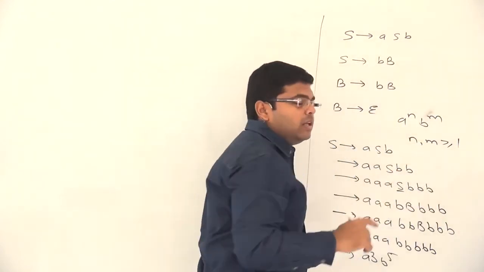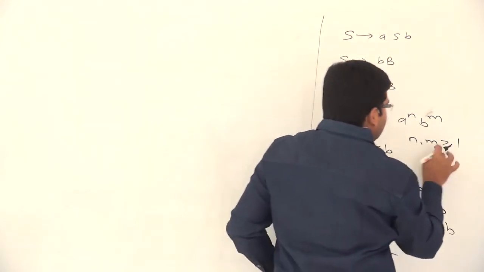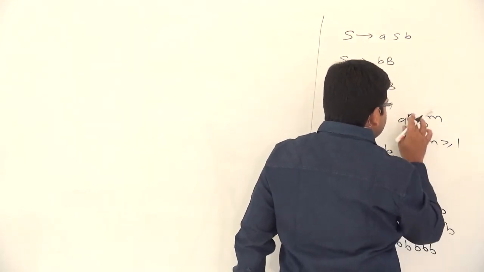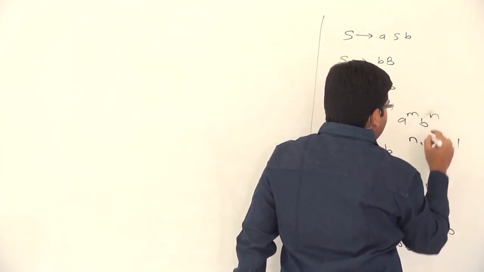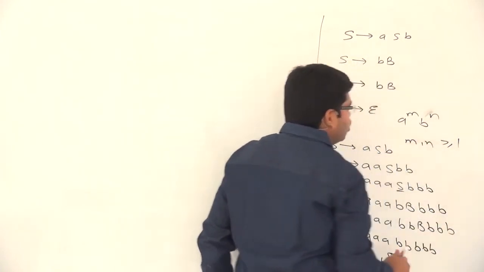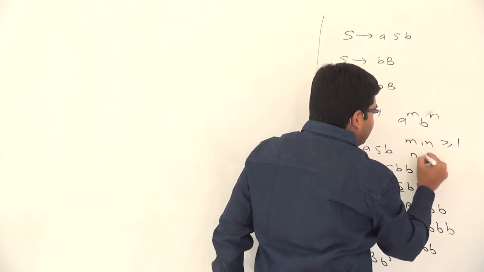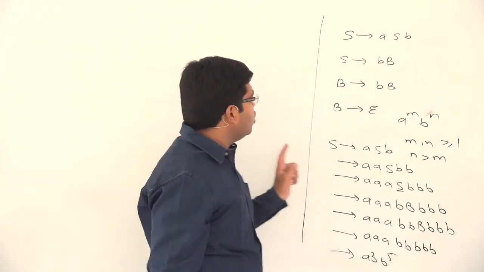So the number of b's will always be greater than the number of a's, and that is why we can write a to the power m, b to the power n, m, n greater than or equal to 1, and this will generate n greater than m, that is, more b's as compared to a's.